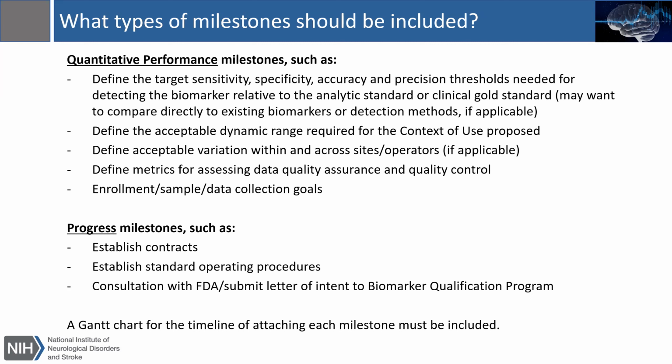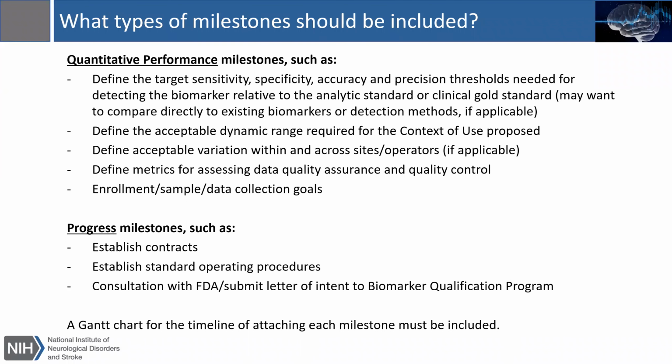And also, for example, define any variation across the different sites or the operators, and include the enrollment criteria and the sample, as well as the data collection goals for each performance milestone.